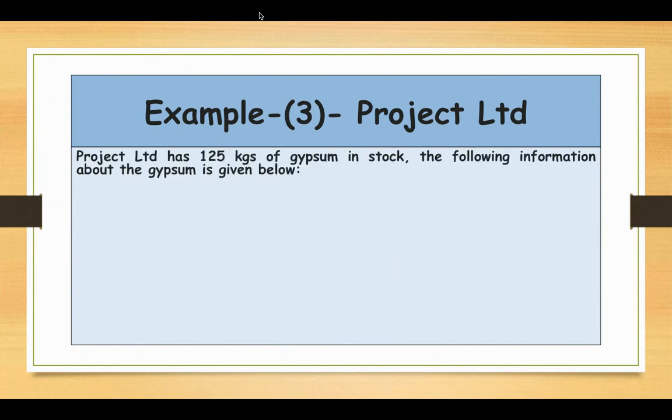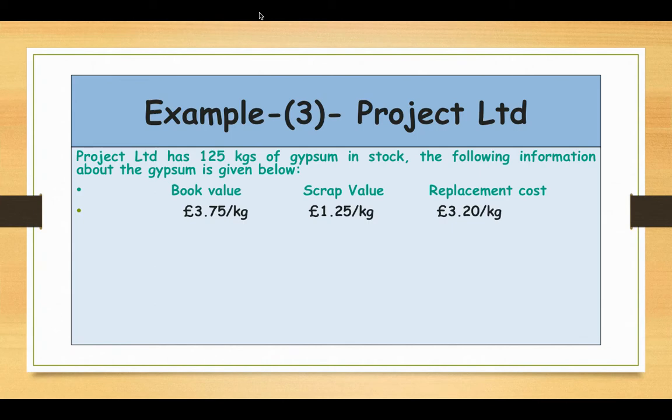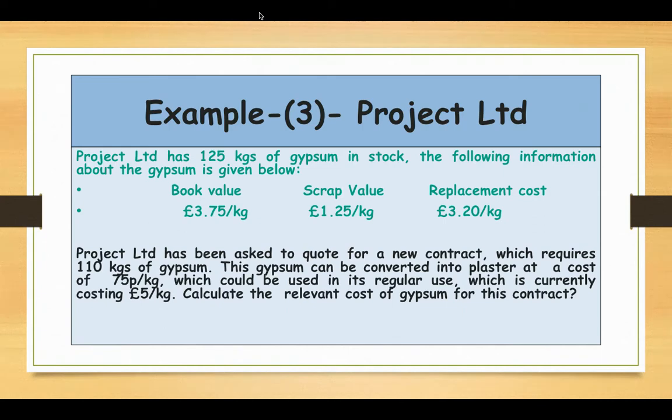We'll see this example. Project Limited has 125 kilograms of gypsum in stock. The following information about the gypsum is given below. So they have given the book value, scrap value, and the replacement cost. Project Limited has been asked to quote for a new contract which requires 110 kilograms of gypsum.